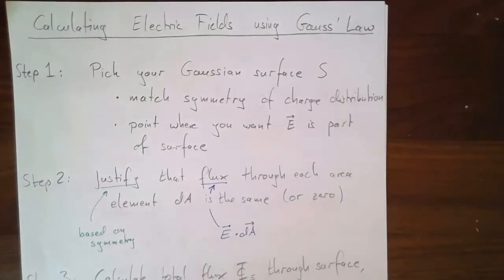Something like that. So you're given some kind of setup where in the past, meaning just last week, we would have had to do an integration to figure out what the electric field is. Gauss's law is going to allow us to avoid that integration, to not actually do it. We sort of let Gauss's law do the integration for us, and we don't actually have to evaluate any integral.